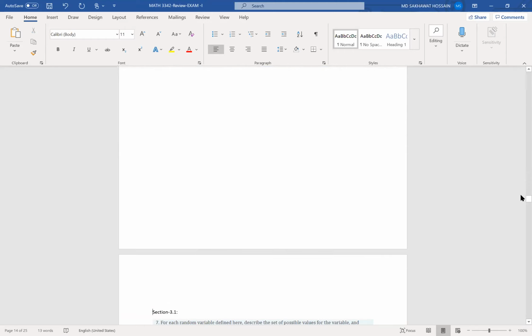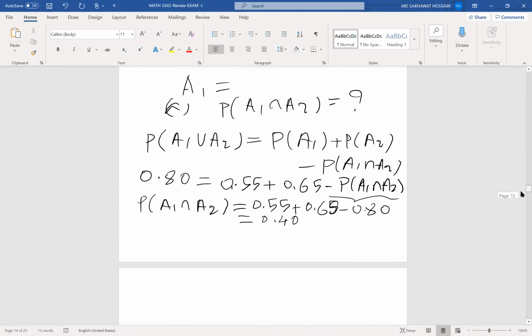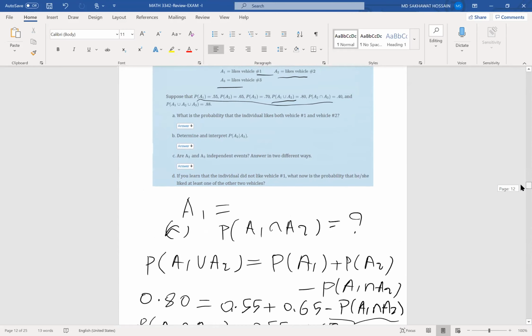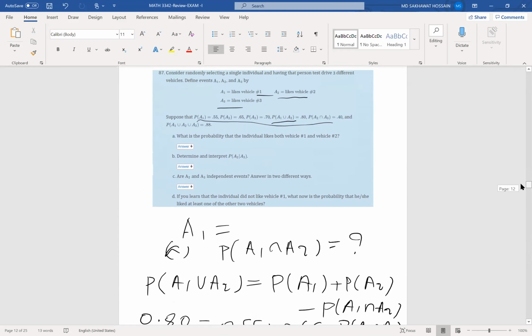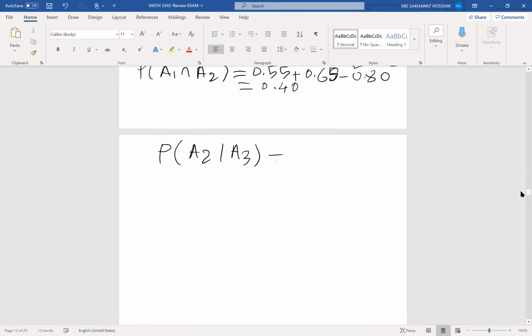The second part is conditional probability. We have to determine and interpret the probability of A2 given A3. First we have to calculate it. Can anyone tell me the formula for conditional probability?